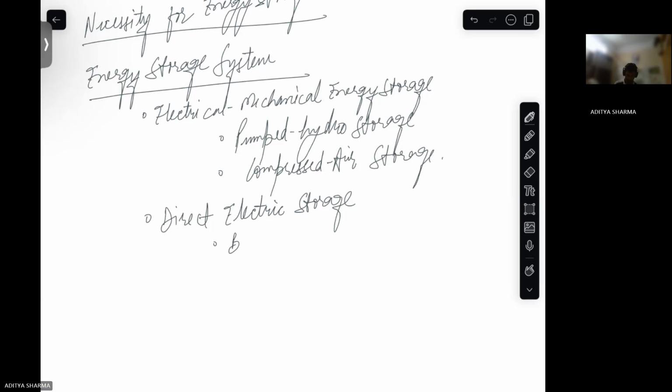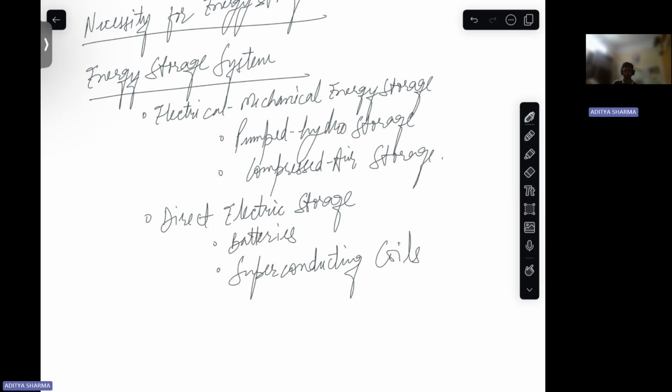You have batteries, then superconducting coils. So this is there in your direct electric storage. So these two come in your electric storage.